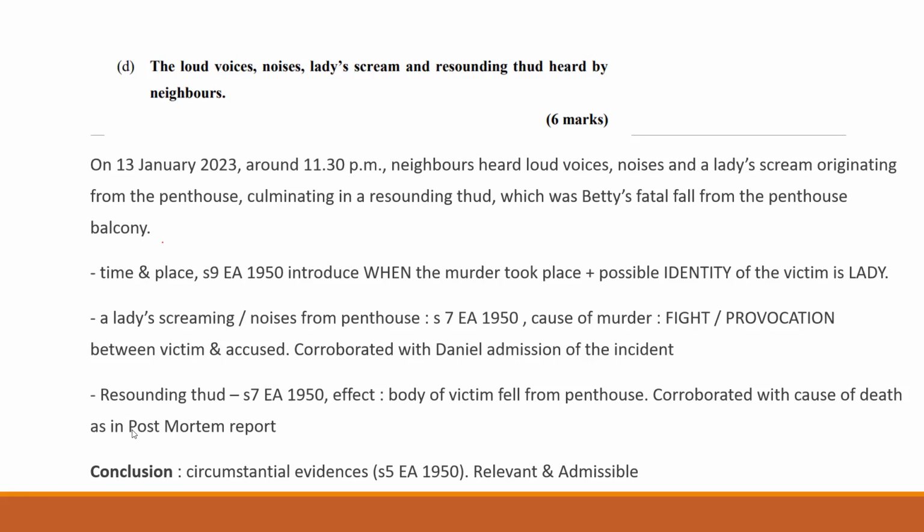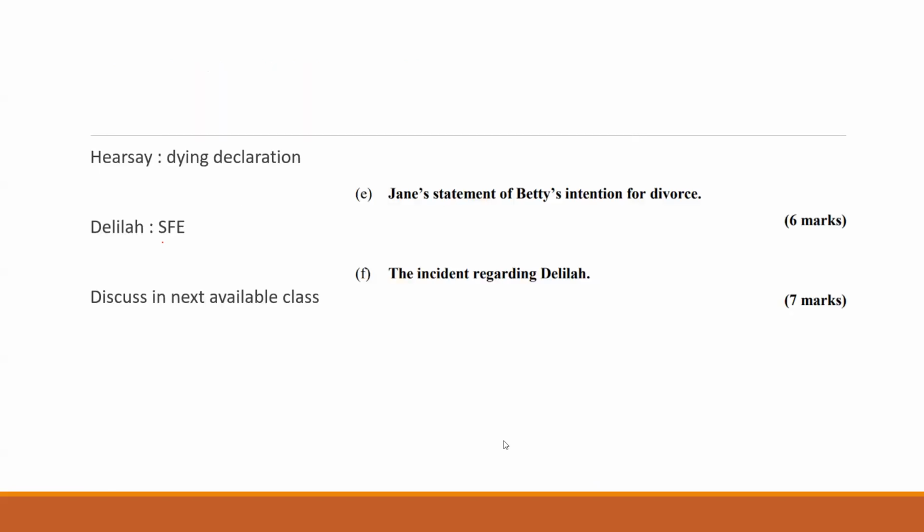Correct. So these are all circumstantial evidence, indirect ones lah. So you can infer there was a fight, infer there was a body that fell and then died. So these are corroborative evidence, supportive evidence, which are relevant and admissible. Full stop.